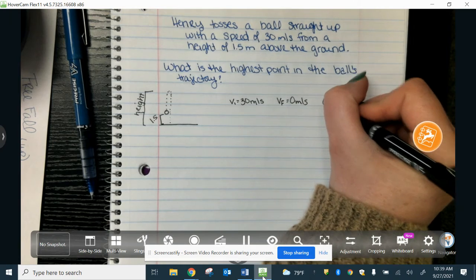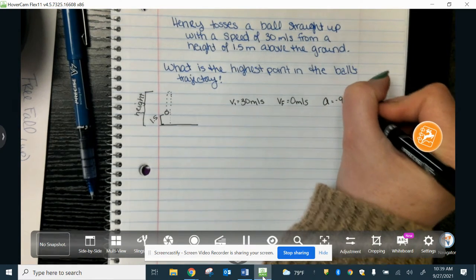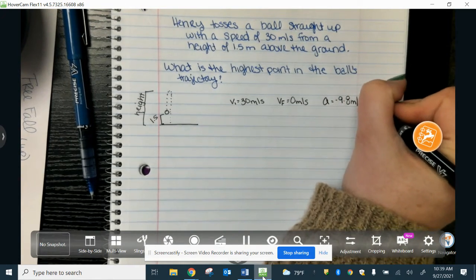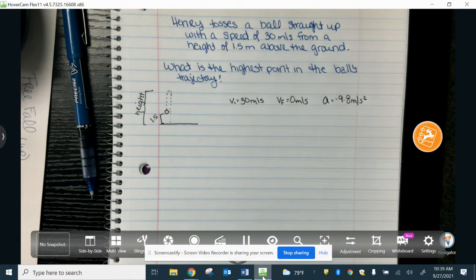We know that acceleration is due to gravity, which is negative 9.8 meters per second squared. So now we can solve for the distance.